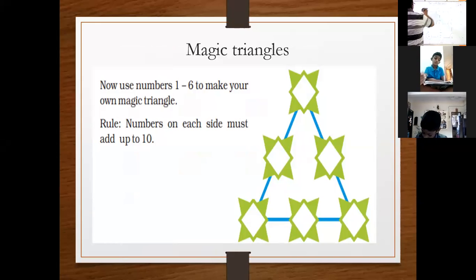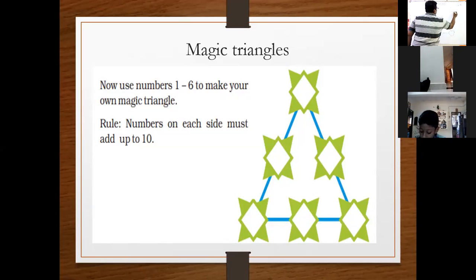Let me know the answer. Magic triangles, numbers 1 to 6.